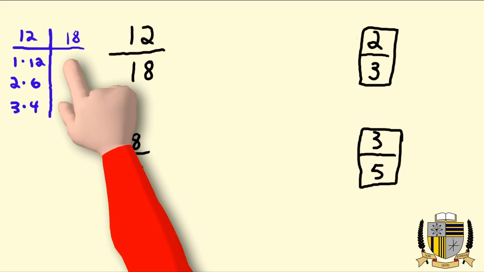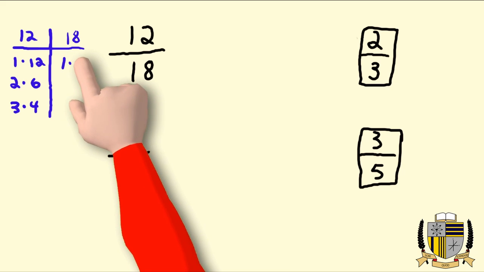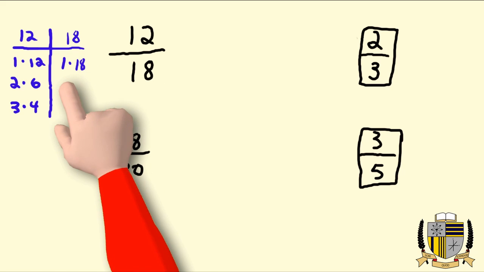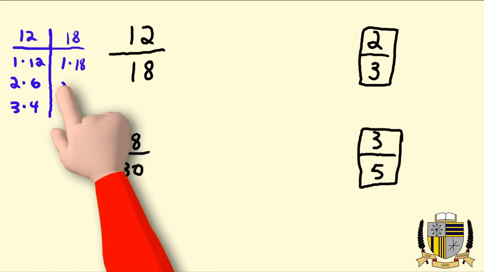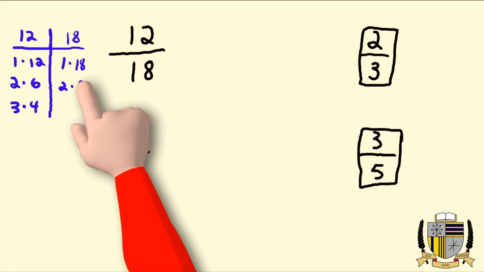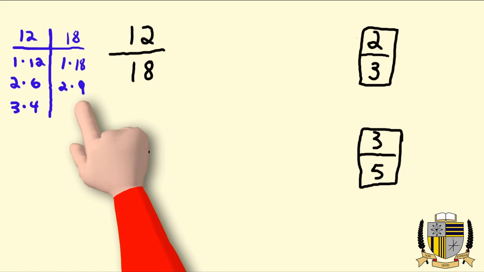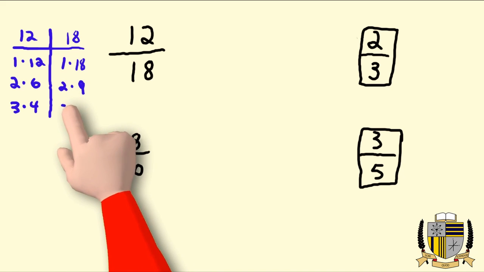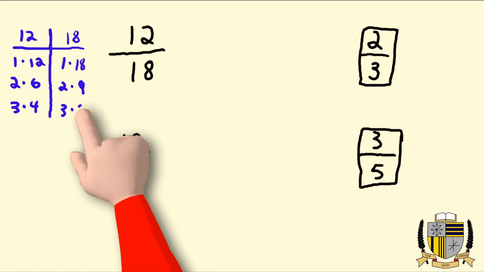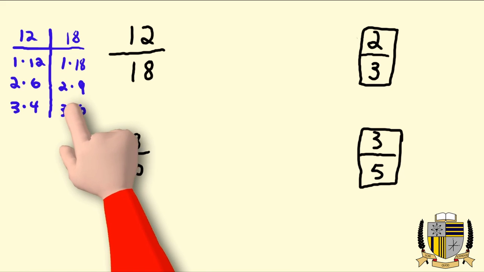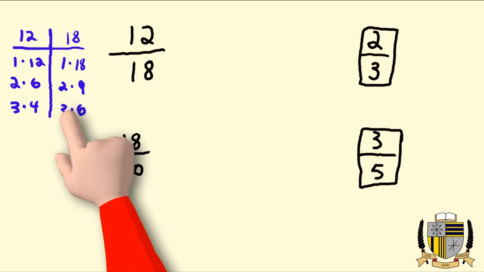What about 18? 1 times 18 is 18. 2 times 9 is 18. 3 times 6 is 18. And so what is the largest that is common among them?